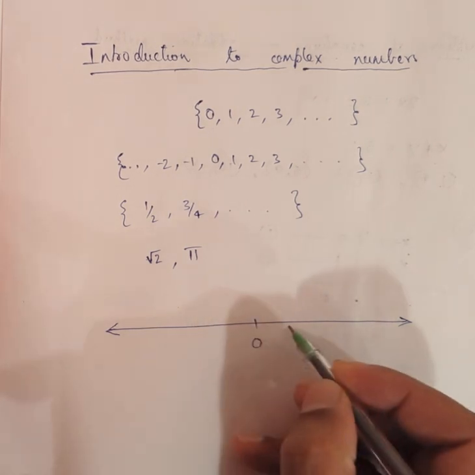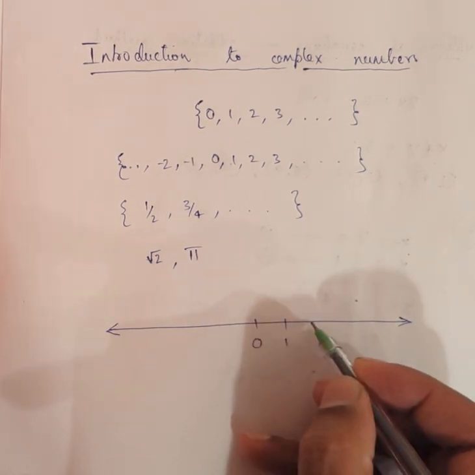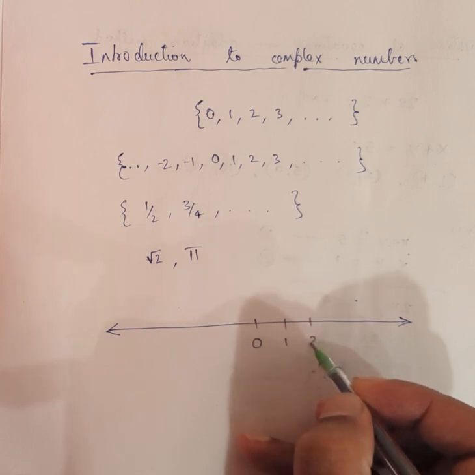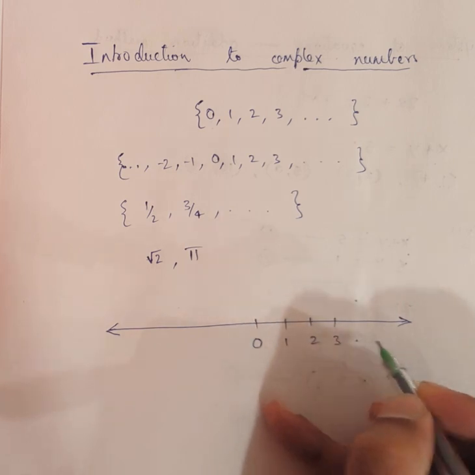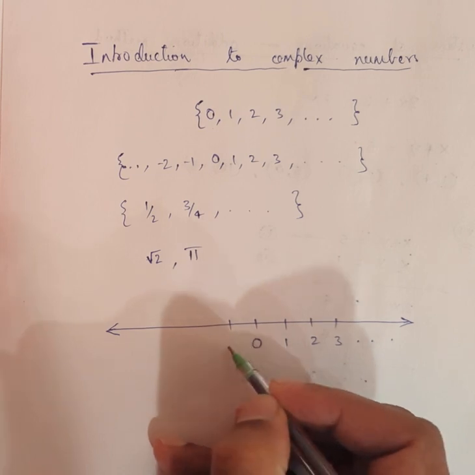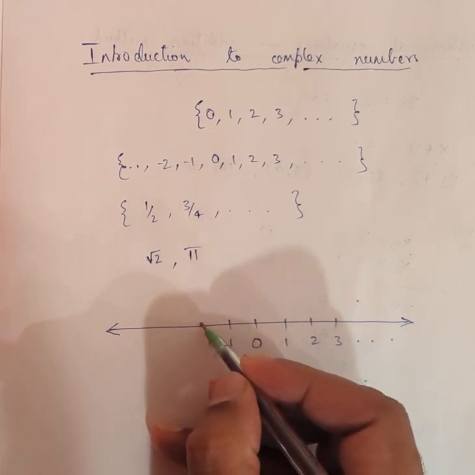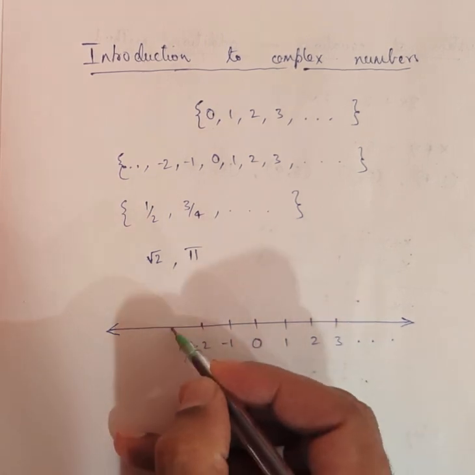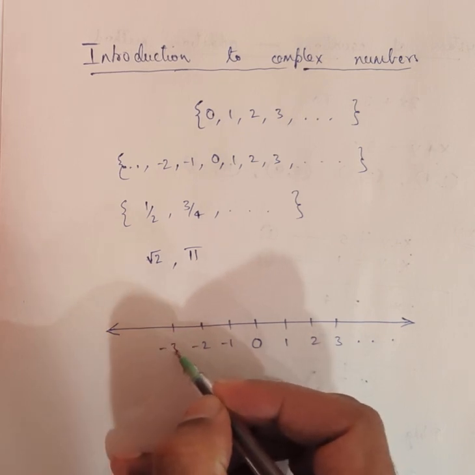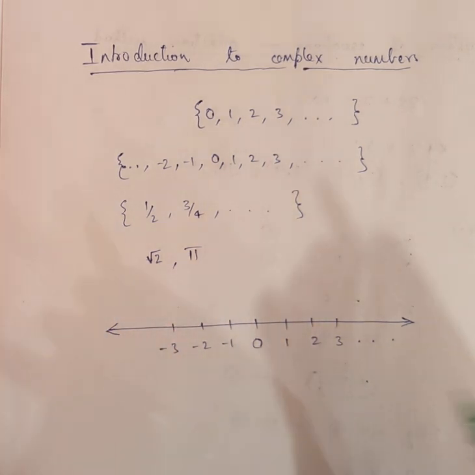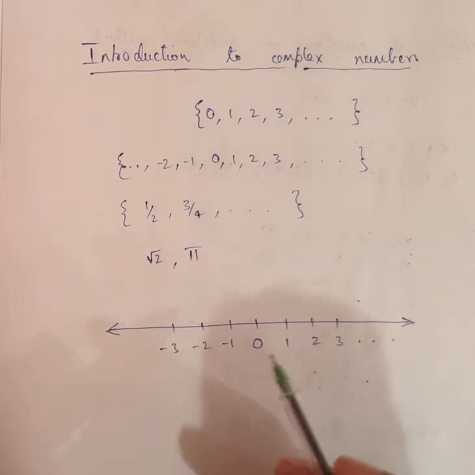We write 0 somewhere in the middle, then positives go to the right, and negatives go to the left. And we typically only write integers when we are writing the number line, but every real number is on this number line.